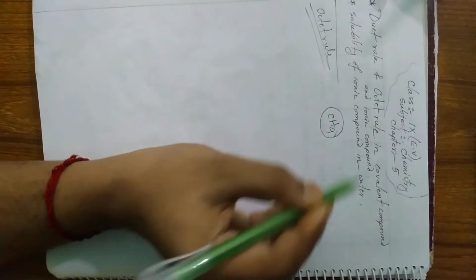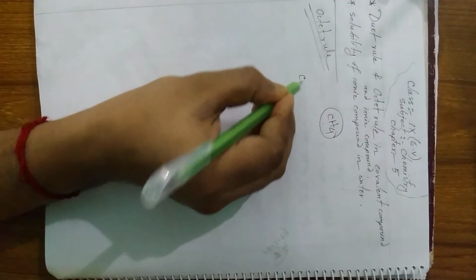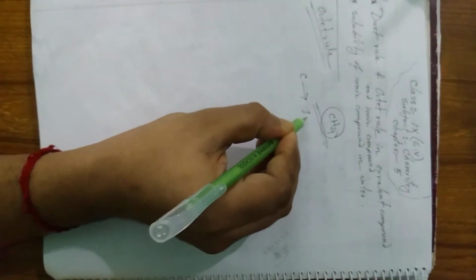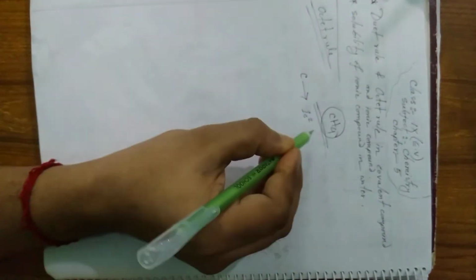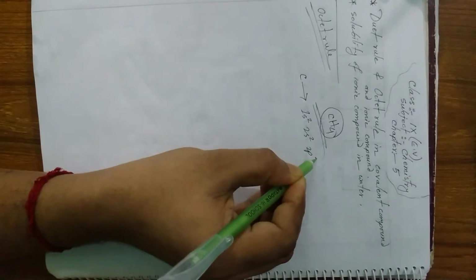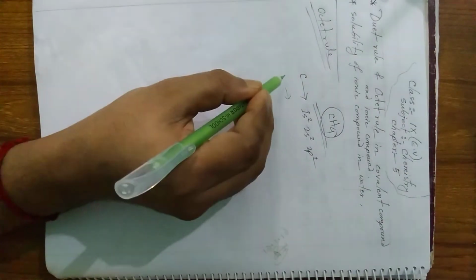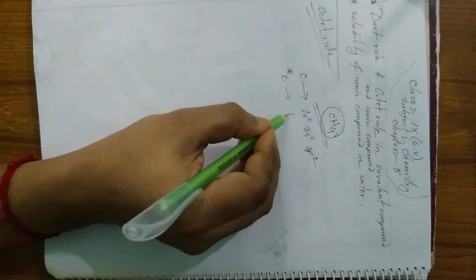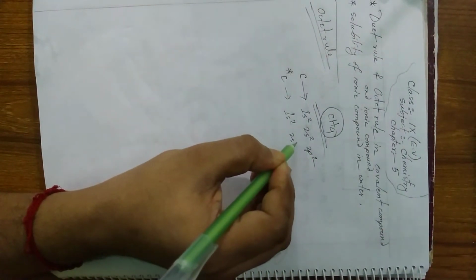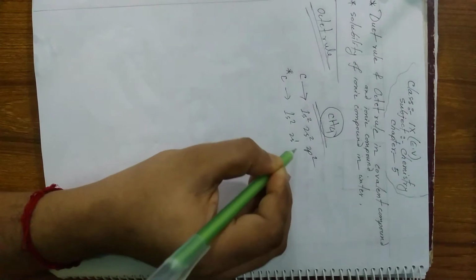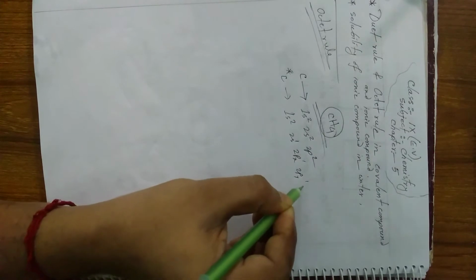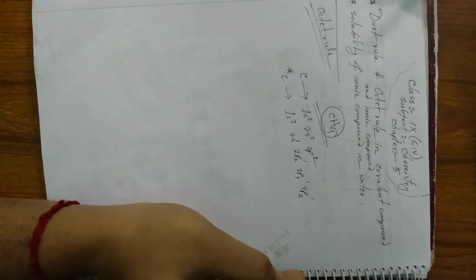The center atom of this compound is carbon, so the electronic configuration of carbon is 1s2, 2s2, 2p2. At the excited state it will be 1s2, 2s1, 2px1, 2py1, 2pz1.